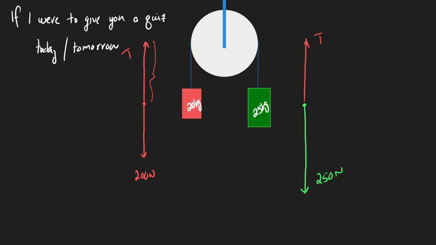But I need this one to show an unbalanced force downwards, and I need this one to show an unbalanced force upwards. So if you want all the credit tomorrow, a point's going to be given for these two arrows being the same size, a point's going to be given for the unbalanced force here being downwards, and a point's going to be given for the unbalanced force here being upwards.